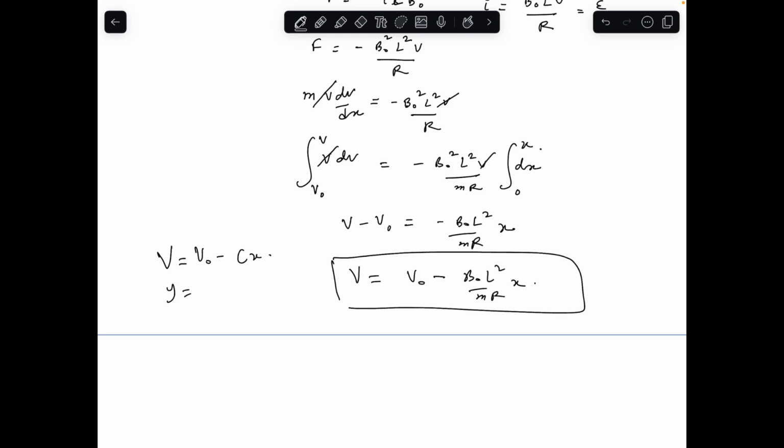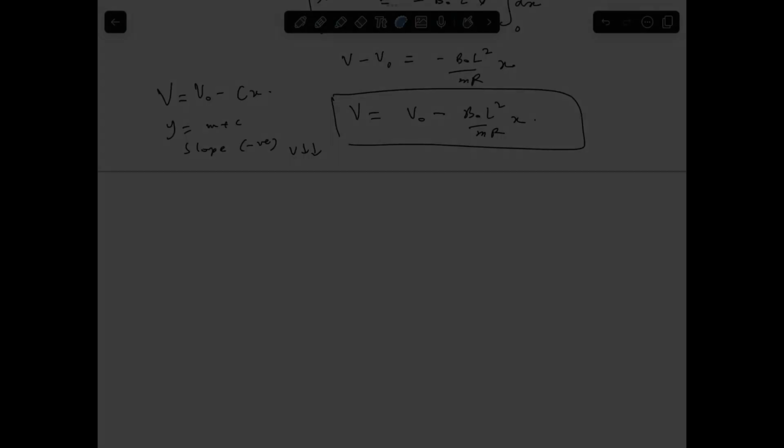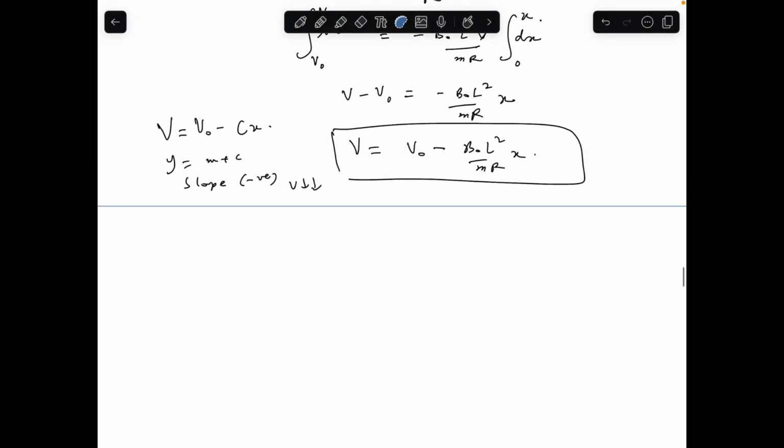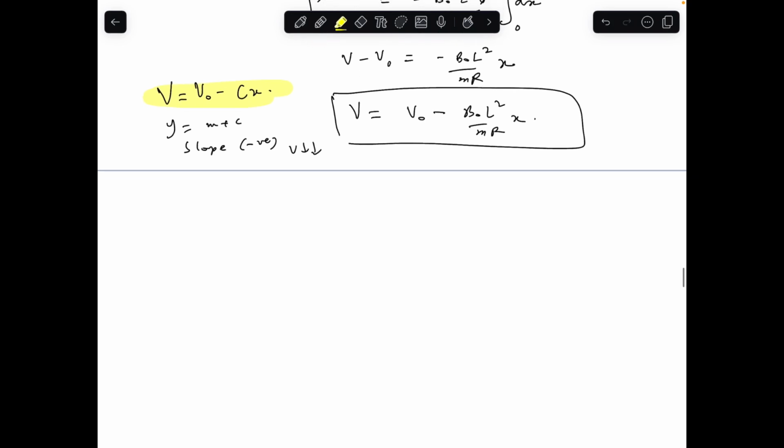This is like y equals mx plus c, if you see. Here the slope is negative, and V is decreasing. So here I have got the equation of V. Velocity is decreasing.